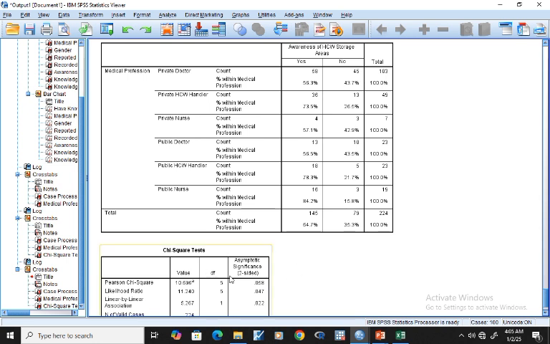You need inferential statistics like the chi-square test in order to ensure that there is association between the categorical variables.